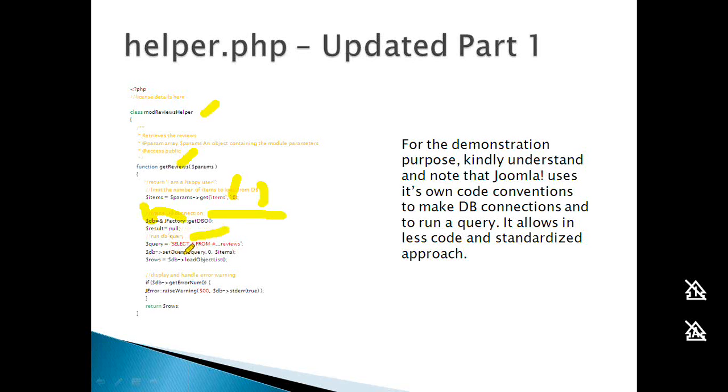We have a simple query which is saying select star from #__reviews. And you notice that there is one hash. This hash represents the prefix. So whatever the prefix of your database tables would be, it will be replaced automatically for the hash sign. And then there are two underscore signs. One underscore is for the default, and another underscore is coupled with the hash sign for the prefix.